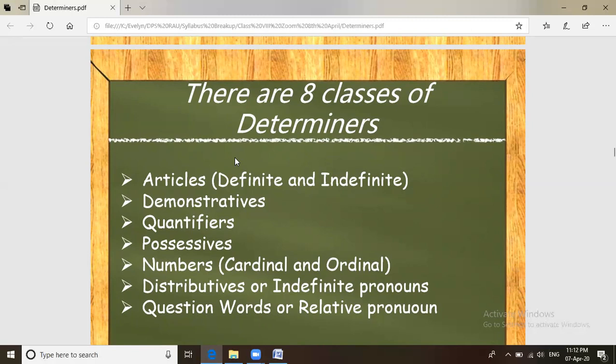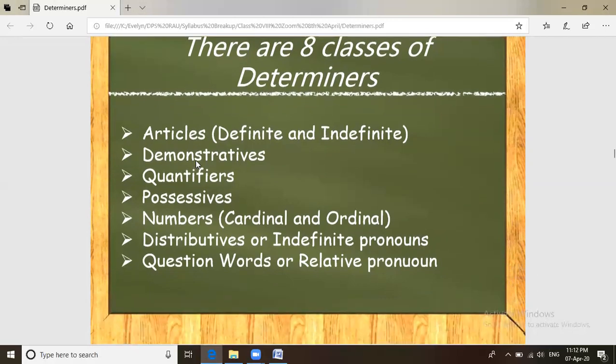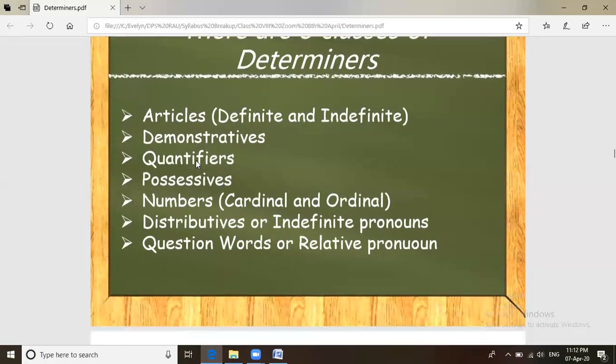Once you have understood what determiners are, even if you study seven classifications, it's not going to pose any problem. So you do not have to be confused that this book is saying there are six classes and this book says there are eight. That's not a problem at all.